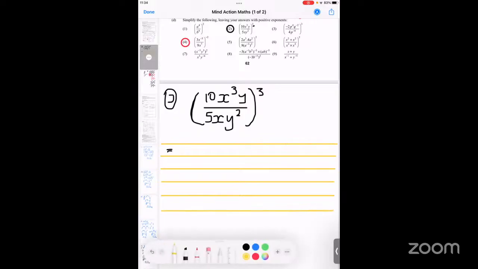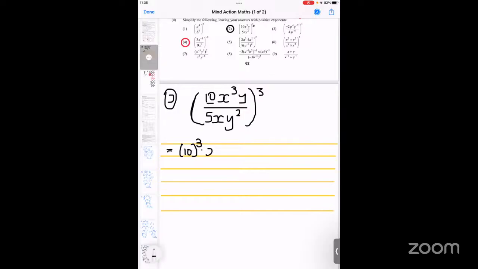Okay, so there is the first line where I'm having my equal sign. You just write the numerator on one line and the denominator on one line, meaning that 10, which is a number, you put it inside the brackets and say 10 to the exponent of 3.